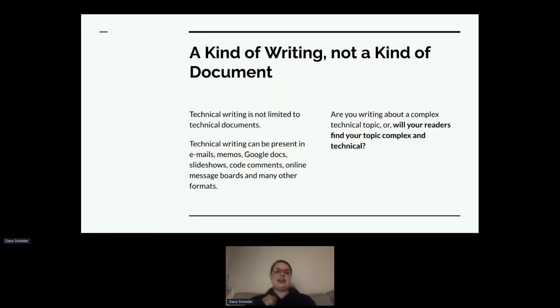Technical writing is a kind of writing and not a kind of document. Technical documents, you know, RFCs or pull requests, API docs, those are the kinds of documents we think of when we think of technical writing.